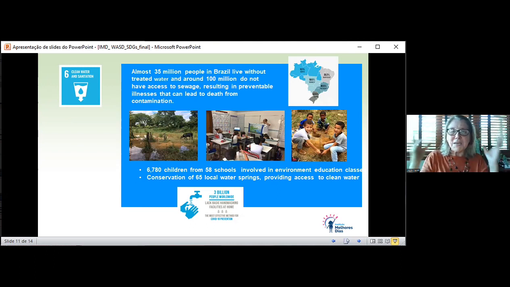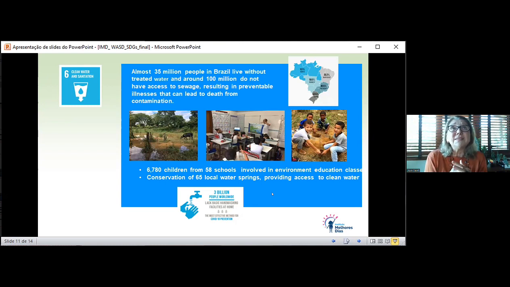We planted many trees around each water spring and put a fence around it so that the animals would not go and undo the job.